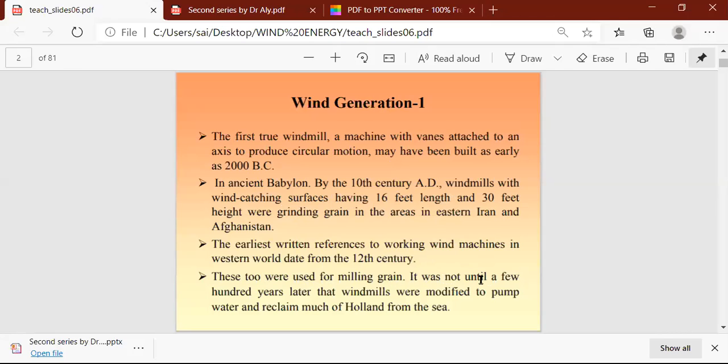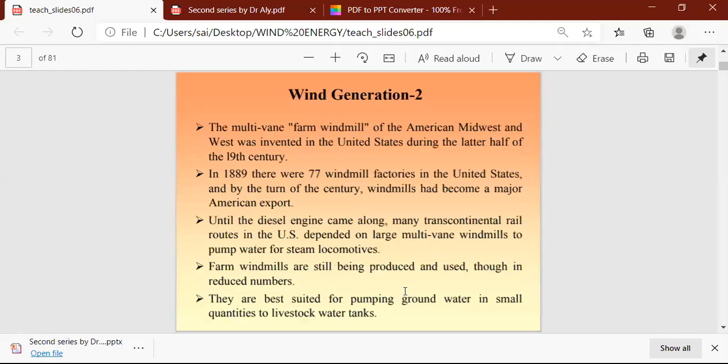It was not until a few hundred years later that windmills were modified to pump water and reclaim land of Holland from the sea. Means what? After this, people developed wind generation for water pumping purposes. Okay.